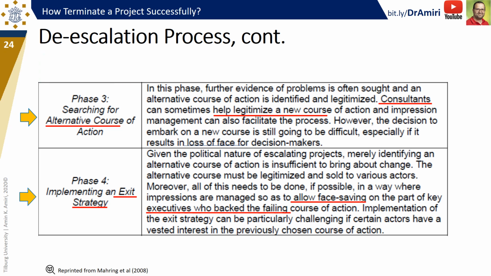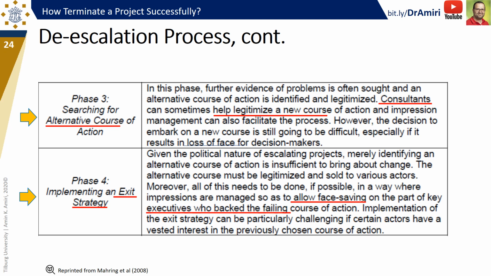In phase four, the organization tries to find an exit strategy. Here, those who champion the exit strategy try to sell their decisions to the powerful actors. The most important action here is to allow face saving.